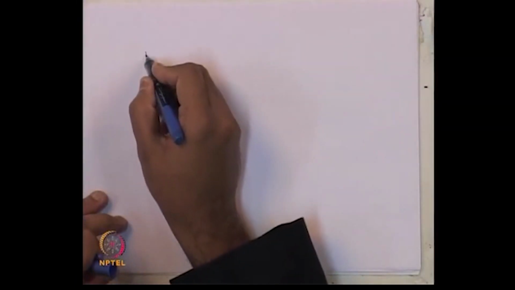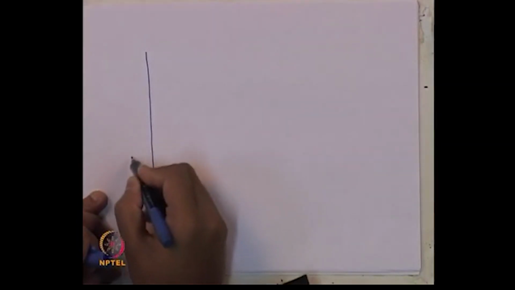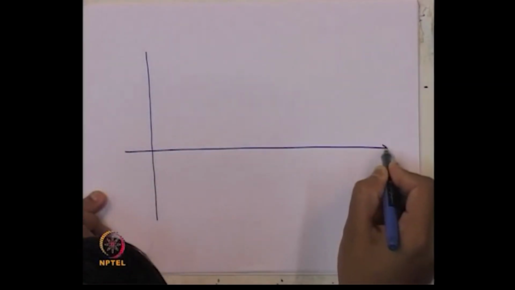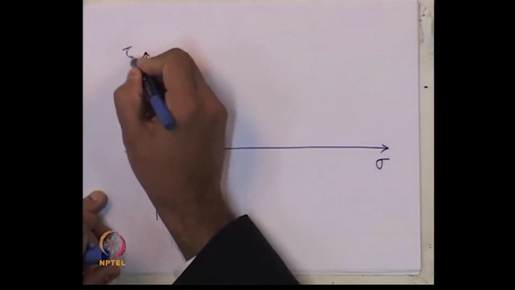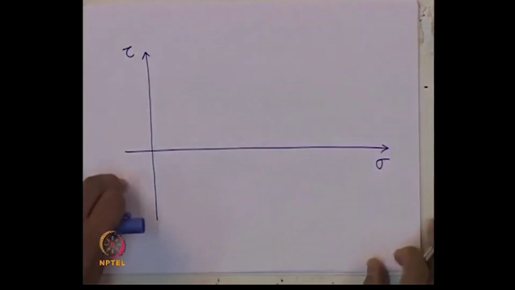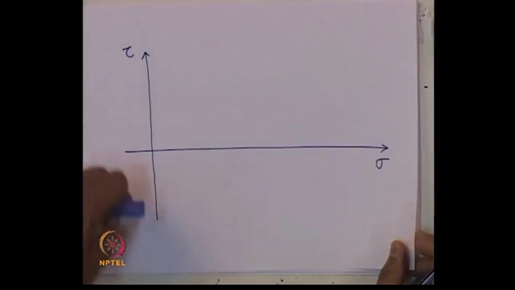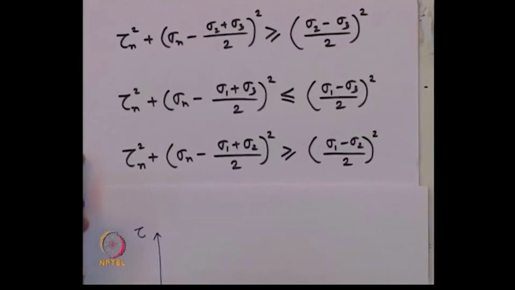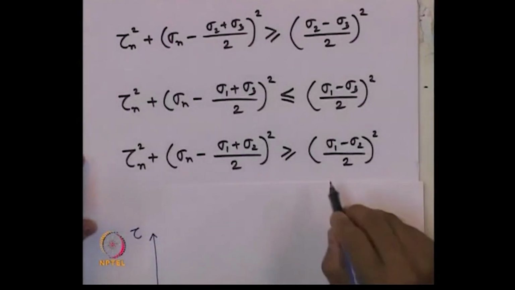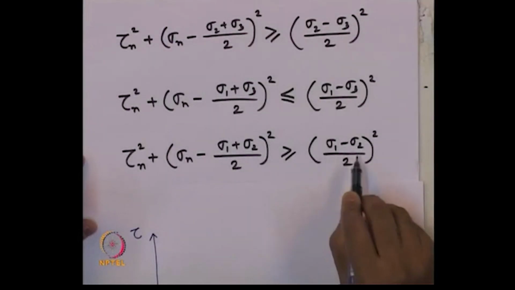So, if we want to draw these circles in a 2D plane, how they should look like, let us draw it. So, this is our normal stress direction, shear stress direction. Now, first equation, let us look at it. Let us take one by one. This is sigma 1 and sigma 2.